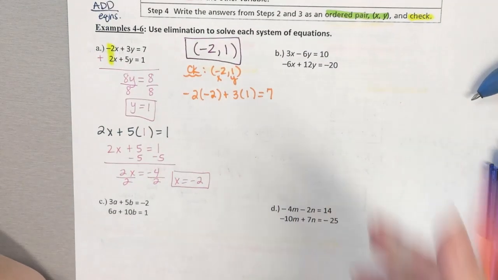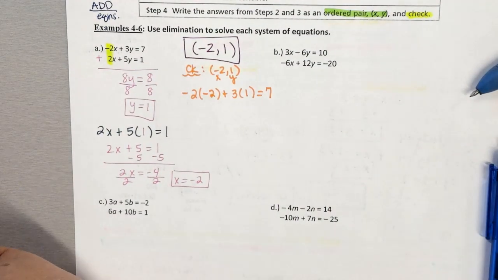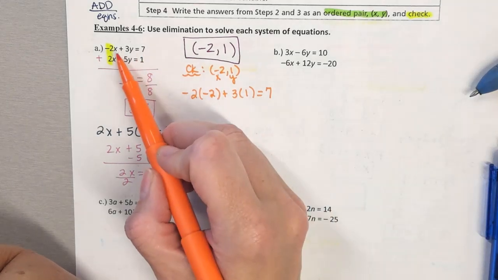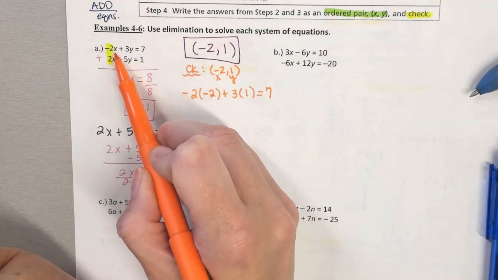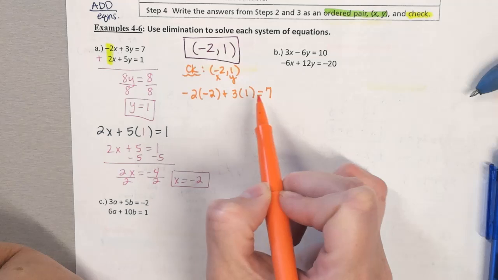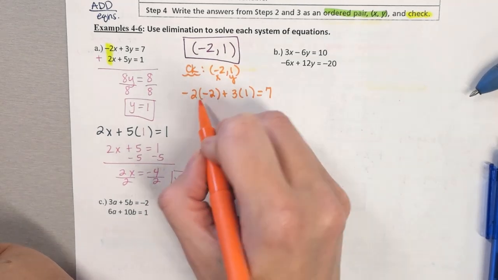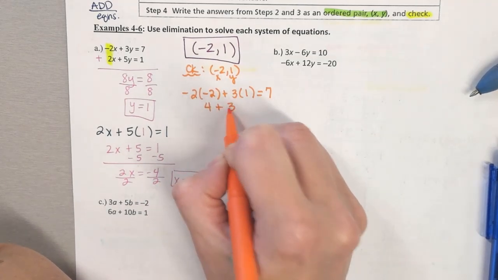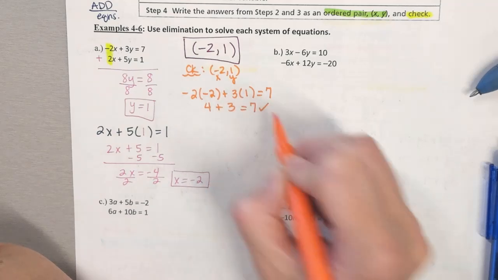For these, you aren't going to have an extraneous solution. You're just making sure that it works in each equation. In the first equation, I'm going to plug in -2 for x and 1 for y and see if these are equal. A negative times a negative is a positive. 4 plus 3 is 7. Yes, it is.